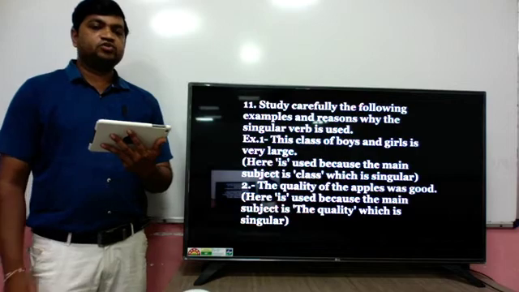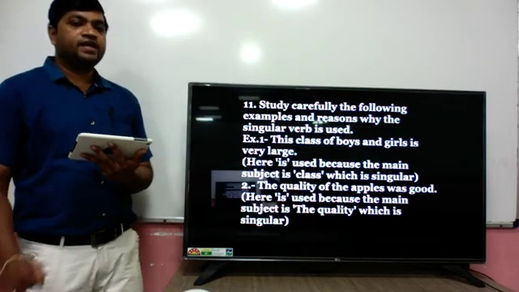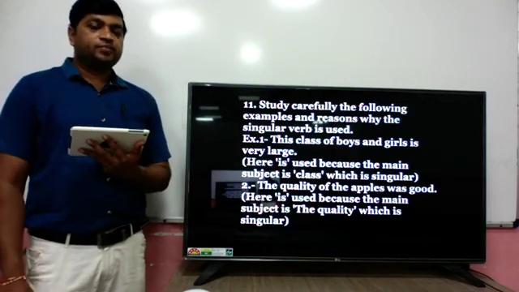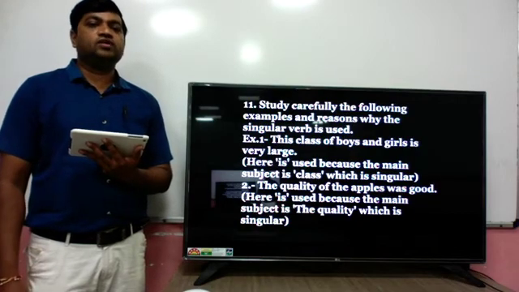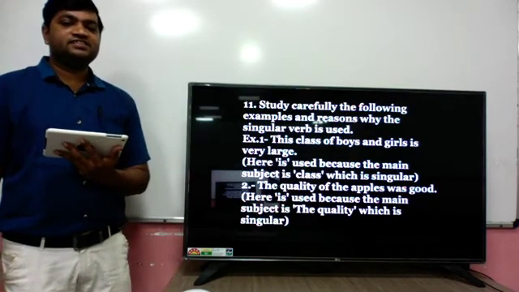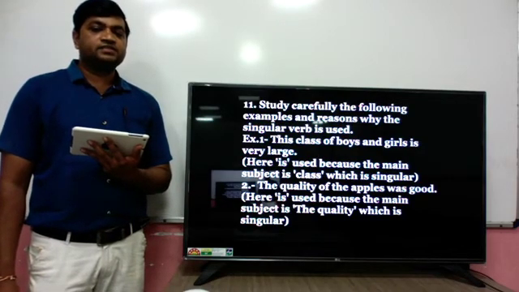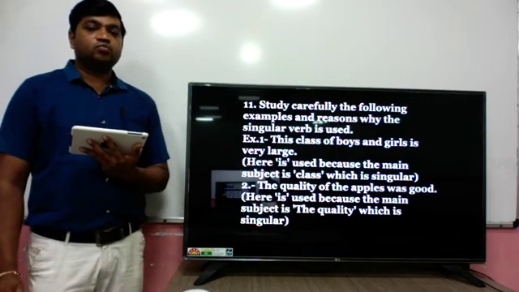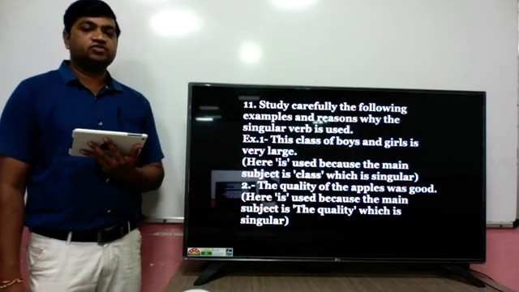Sometimes we use two or three nouns in one sentence, but we have to identify the main noun, whether it is singular or plural. In this sentence, this class is the main subject, which is singular. Boys and girls is not the main subject. That's why we use is here.